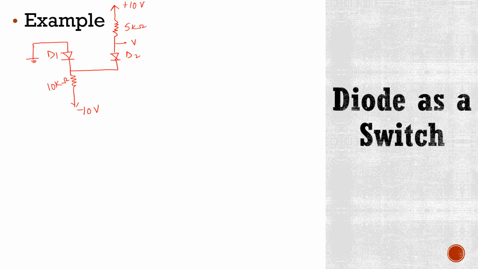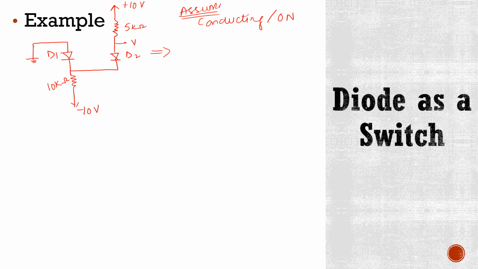Now if these diodes are acting as a switch, it means they can either be in conducting state or non-conducting state. So first we assume that both of these diodes are conducting. It means they are on or forward biased.